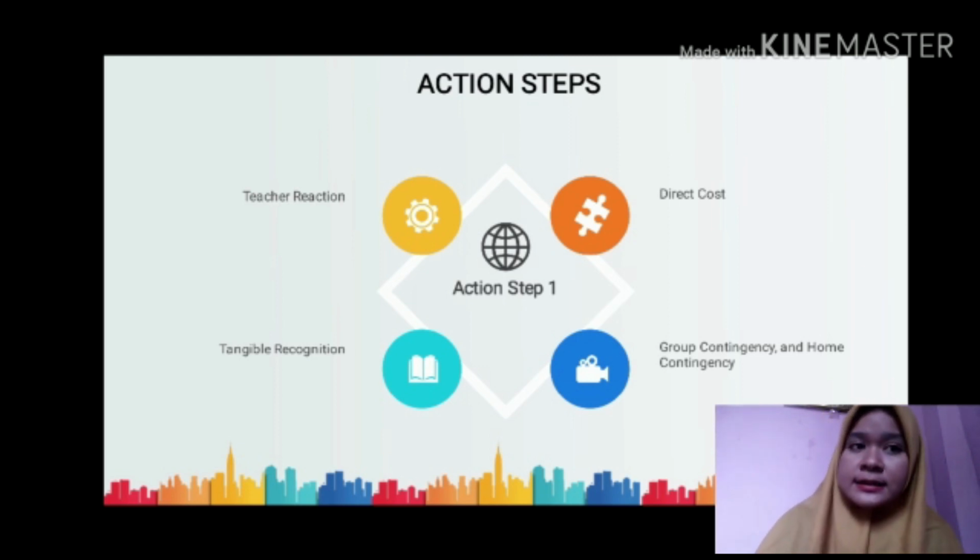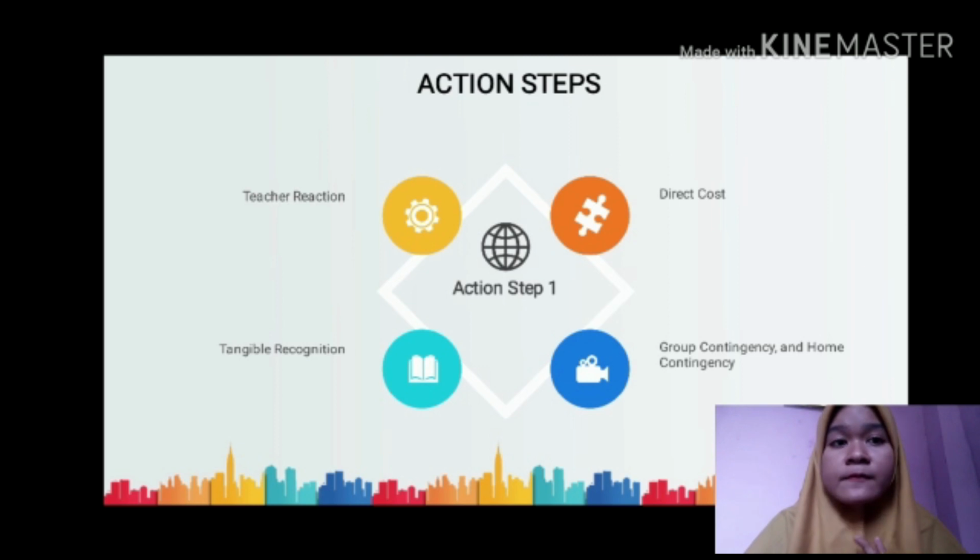And the last is home contact, and this technique needs a face-to-face method, or can we say the teacher comes to the student's house and talks with their parents to discuss how to give consequences for students, and this technique can be a powerful form of positive or negative consequences.